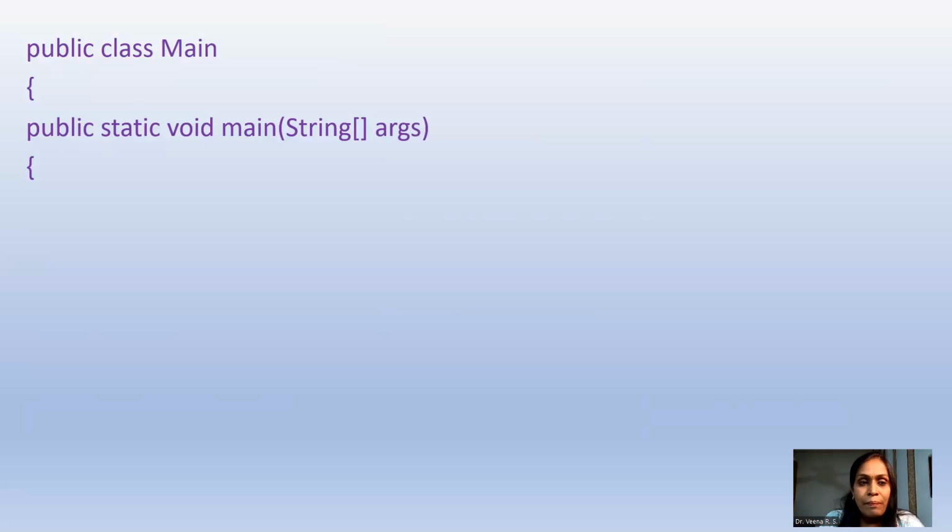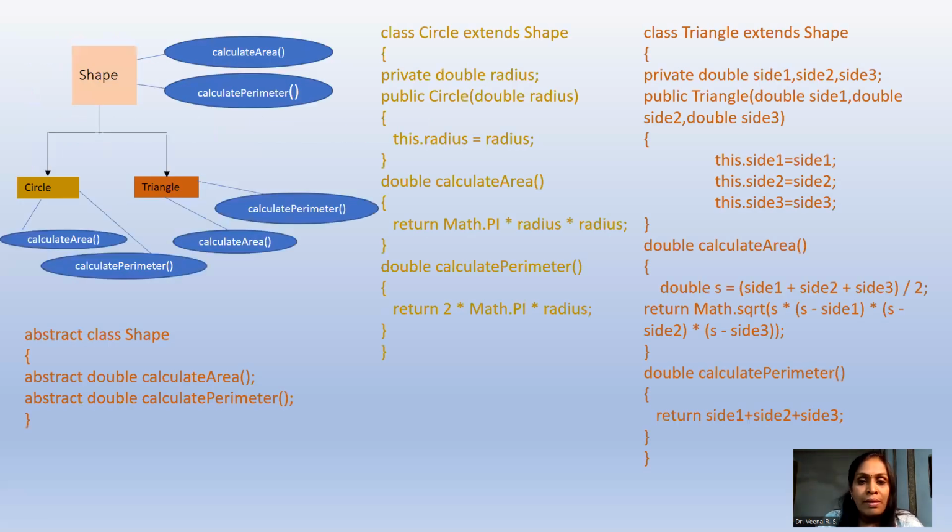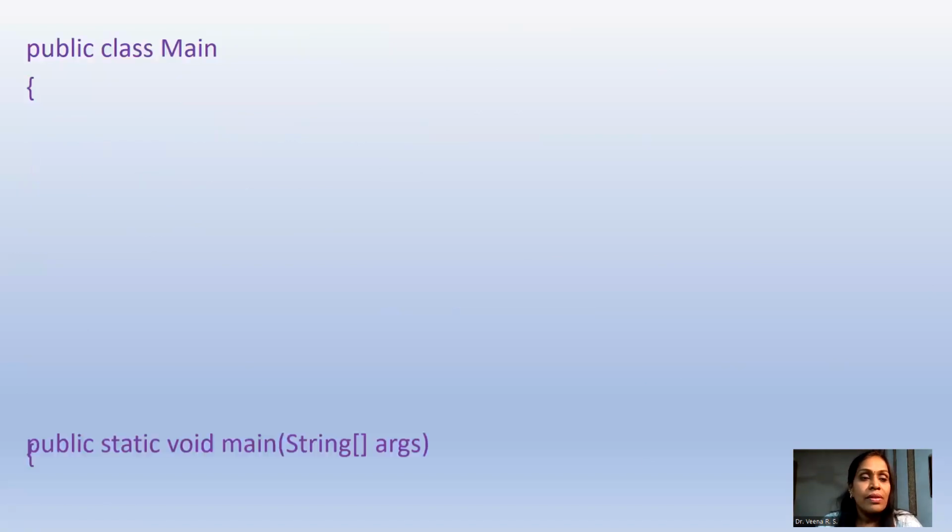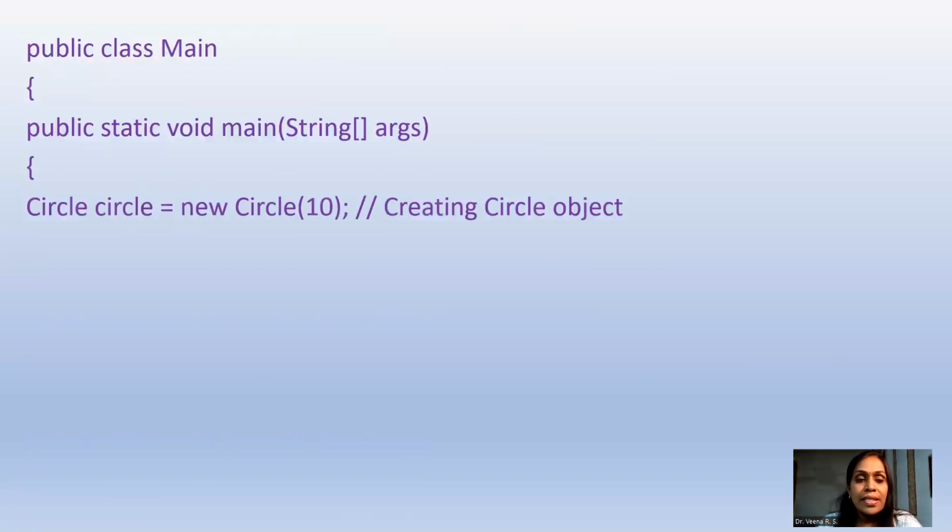Because while creating an object of Circle, a parameterized constructor is there, and we are passing one single value, which is acting as the radius of the circle. So that is how we have created an object of Circle by passing the radius, suppose 10.